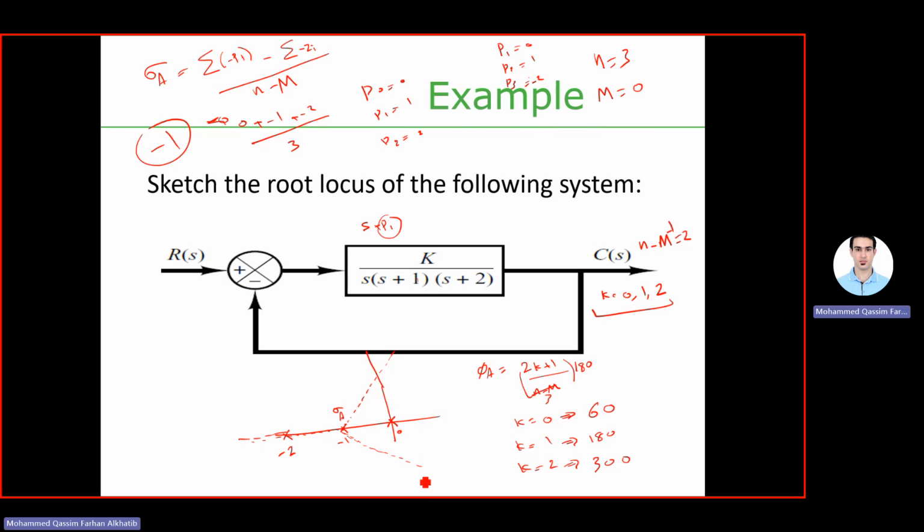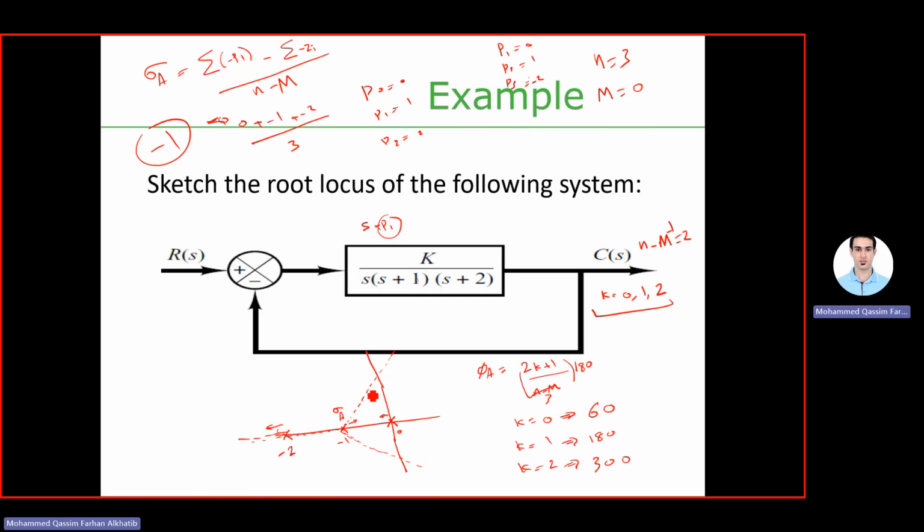All right, so I have these components. Now we agreed these 2 poles will intersect with each other. There is some movement. This one will be going this way, and this point will be going this way. And this one has to go to negative infinity. And here's the thing. I have 3 poles and 3 asymptotes. Each pole movement, the root locus, will be associated with 1 asymptote.